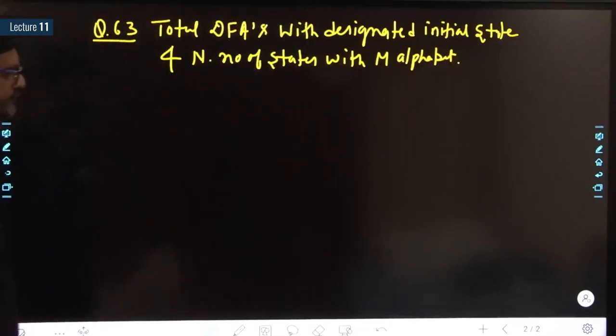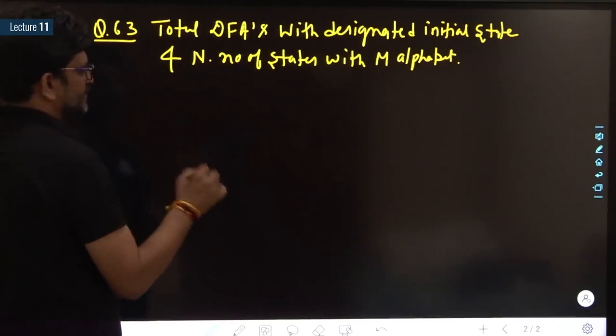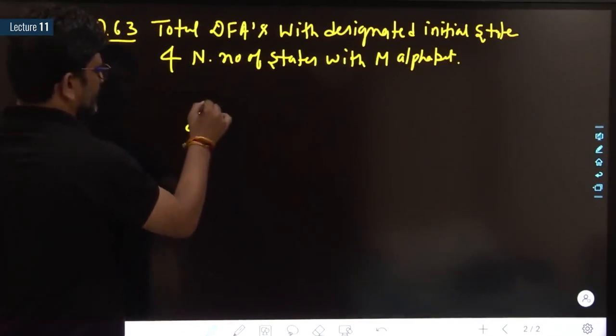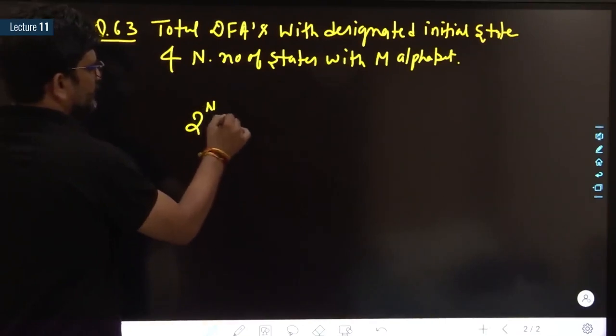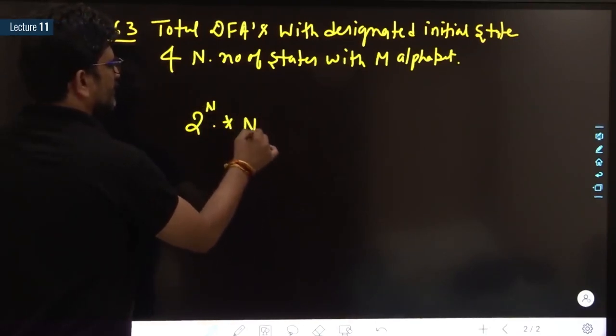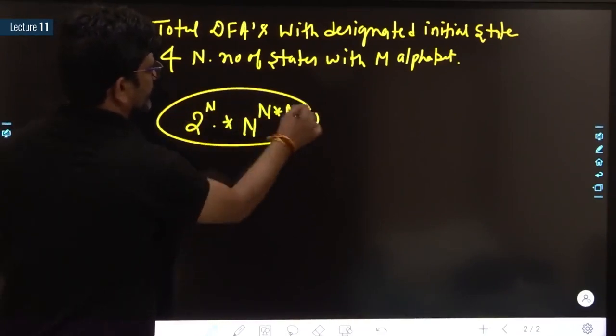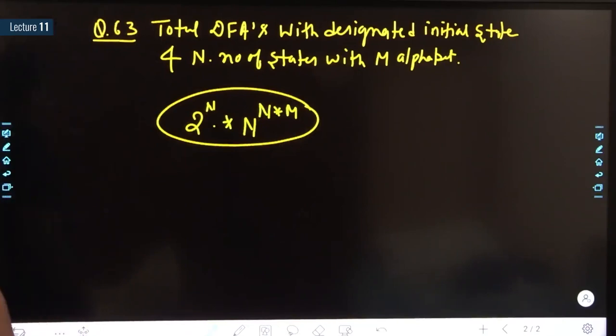See, if the initial state is designated, then the total is 2 to the power n into n to the power n into m, where n is the number of states and m is the input alphabet.